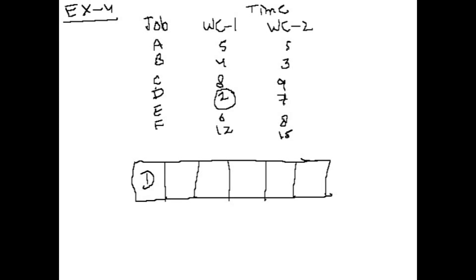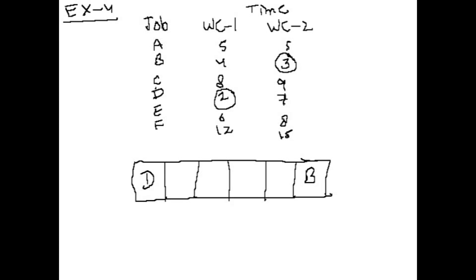We start with the left side. The next lowest you can see is 3, but that is at work center 2. Because it is at work center 2, we place the corresponding job, which is B, towards the end.